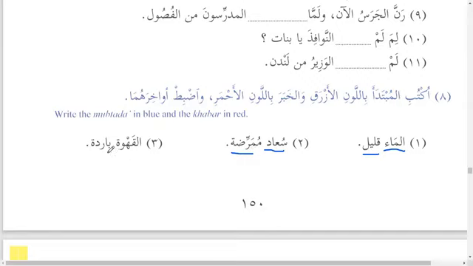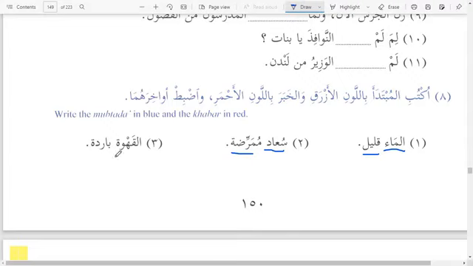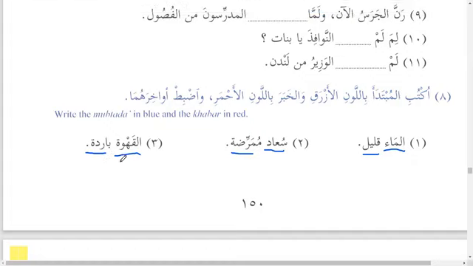القهوة باردة, Al-qahwatu baridatun. The coffee is cold. Is it baridatu or baridatun? Baridatun. Yes. Which one is mubtada and which one is khabar? Al-qahwatu is the mubtada and baridatun is the khabar.